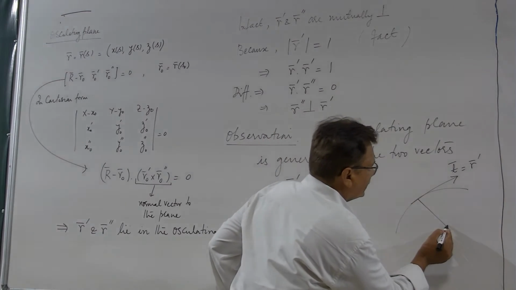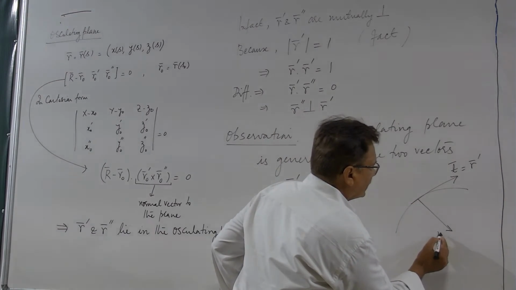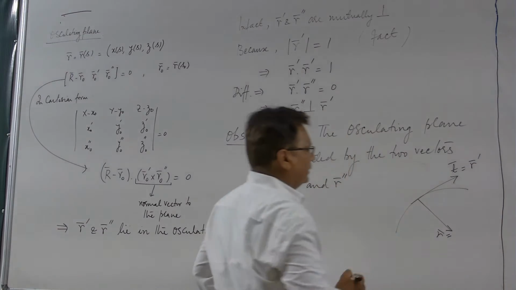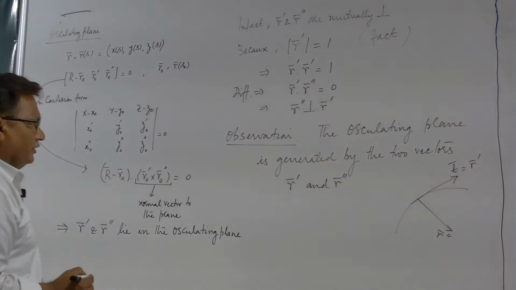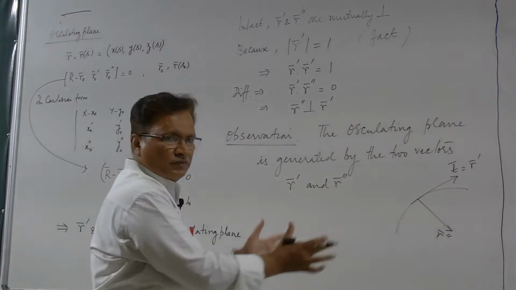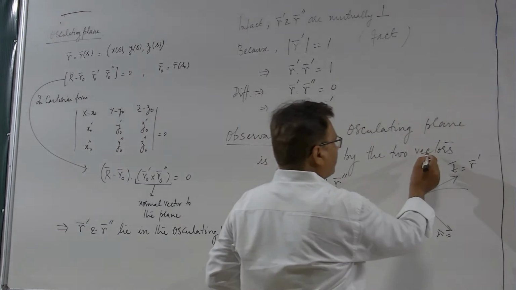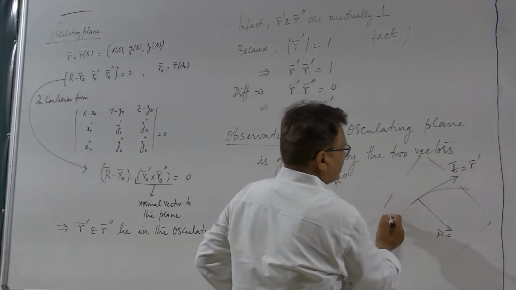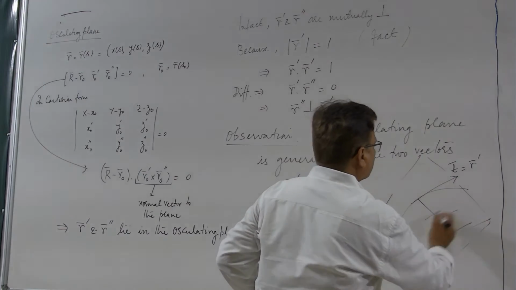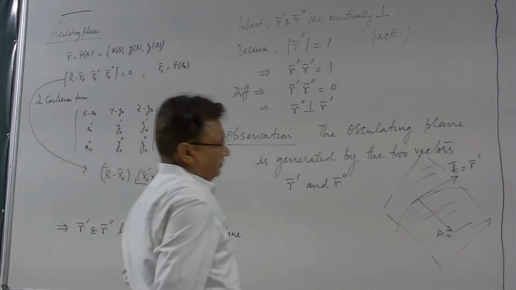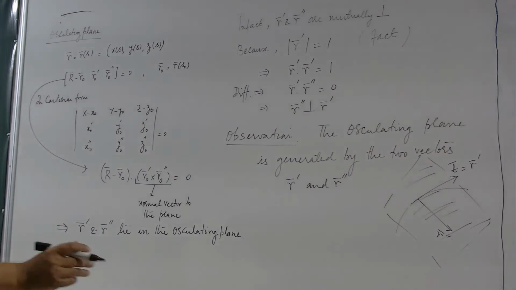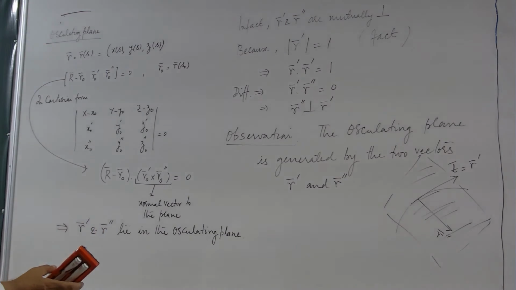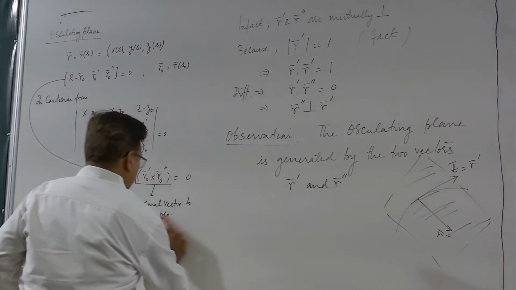So, this is r double dash. Our plane will contain both of them. So, our osculating plane will be like this. This is the osculating plane. All right. And it has the highest order of contact.